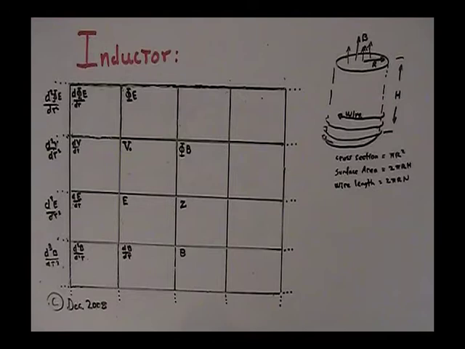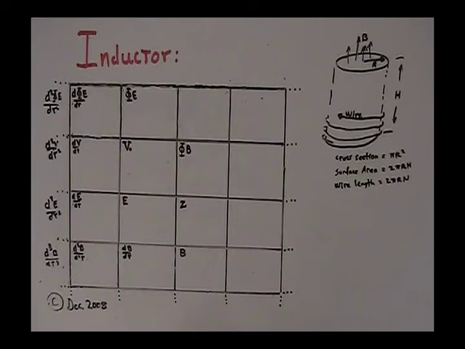And now we know that flux E equals E times an area. And the area in this case is the surface area 2 pi r h, because that's the area over which the E field is distributed.